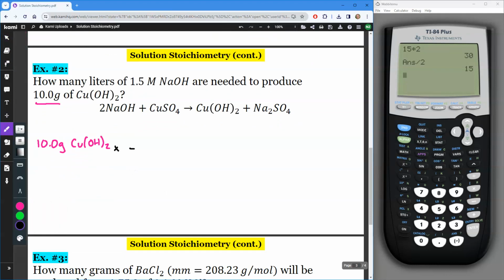Because we've already covered molar mass and we've done stoichiometry, just for time here, I'm going to give you the molar mass. And that is 97.56 grams. That's how many grams are in 1 mole.